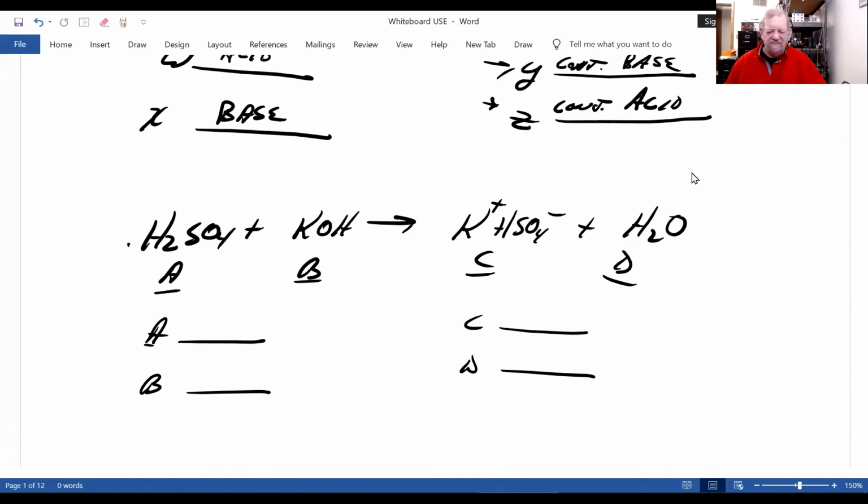And there you go. Identify A, B, C, and D: acid, base, conjugate acid, conjugate base.